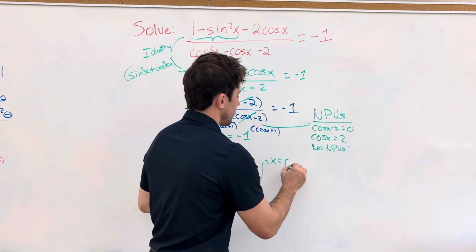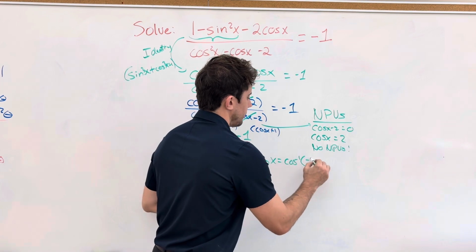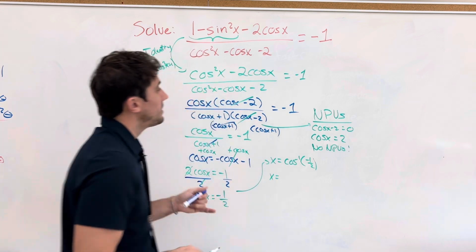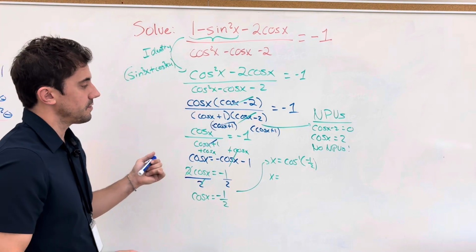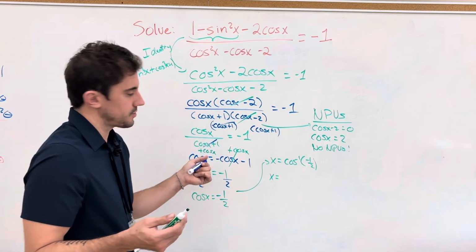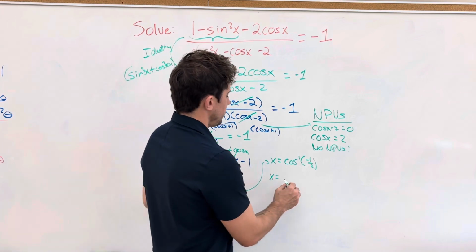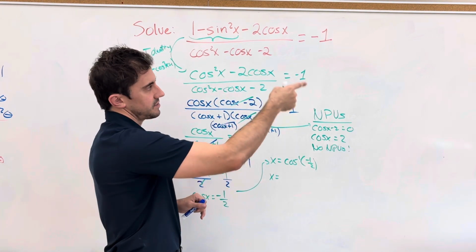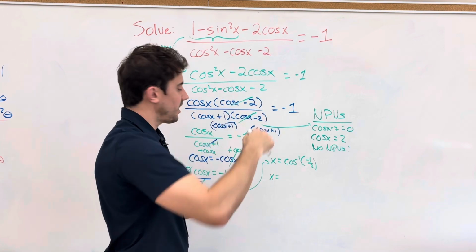X is the inverse cos of negative 1/2. And so x is equal to, we didn't say for what interval we wanted to solve this for. Let's look at all possible solutions in radians, let's say. So negative 1/2 for cos, that is at 4 pi over 3 and 5 pi over 3.